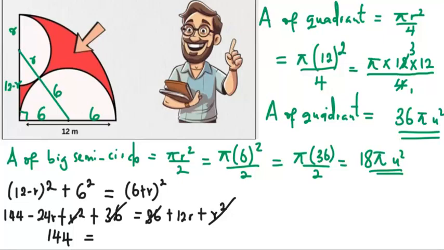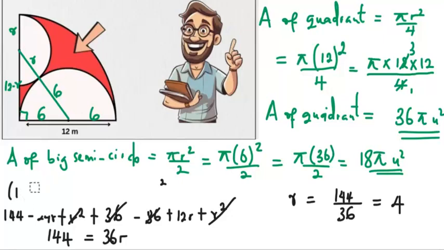So that is going to give us 36r, right? So we divide both sides by the coefficient of r, which is 36, to get r is equal to 144 divided by 36. And that's going to give us 4 units. So the radius of the small semicircle is 4 units.